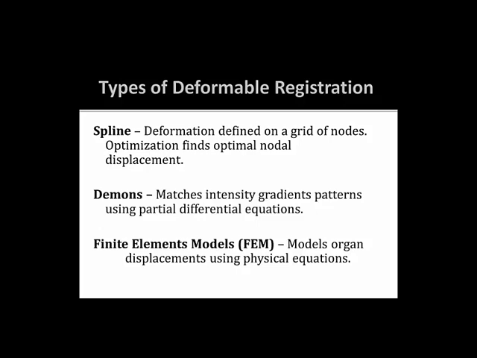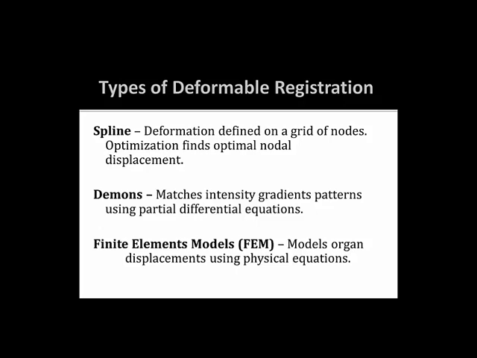Most commercial products at this point don't yet incorporate FEM. That one models organ displacements using physical equations. So you would assign a value, like a stiffness value, to each organ. For example, the bone would be a very, very stiff organ, and the bladder would not be a very stiff organ. But you'd have to assign these properties to each structure.